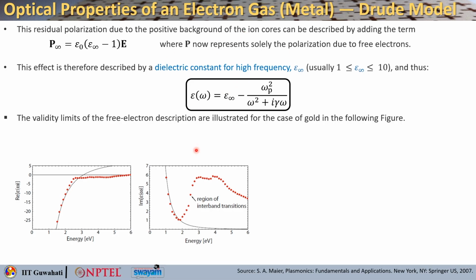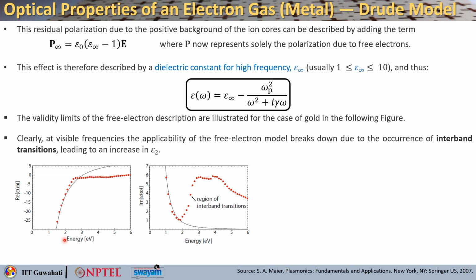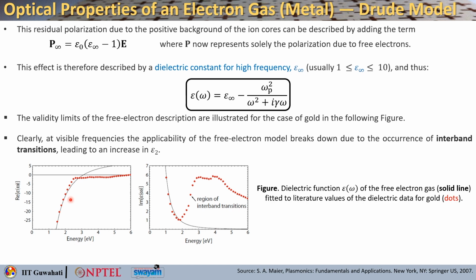Now, the validity limit for the free electron description can be seen here: for this particular energy range, this model, which is the solid line, matches very well with the dotted lines. But beyond a particular point, the interband transitions take place, and that basically limits the validity of this model, typically at visible and higher frequencies.